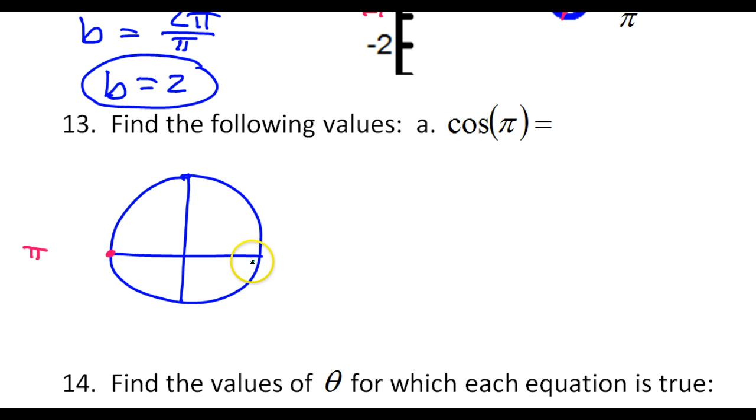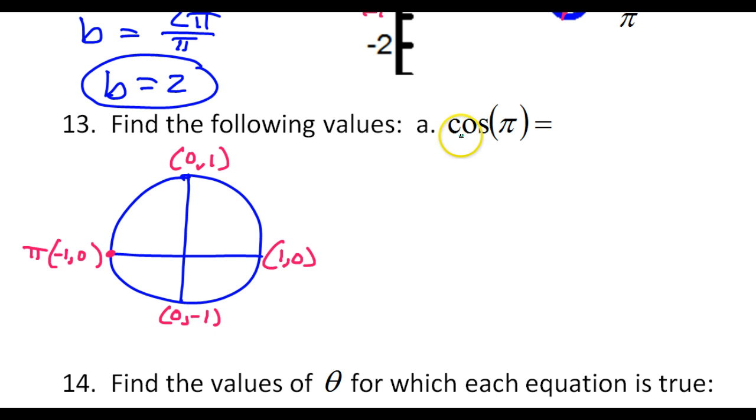So when we are dealing with a quadrantal angle right on the quadrant, what we need are the coordinates instead. So, for example, here the coordinates are 1, 0 because I'm to the right. Here the coordinates are 0, 1. This is -1, 0. And this is 0, -1.